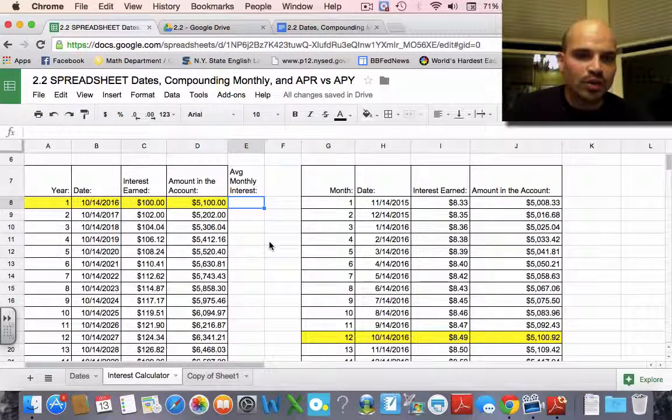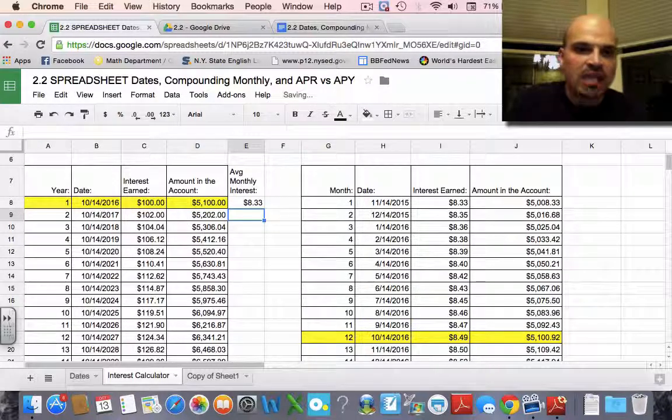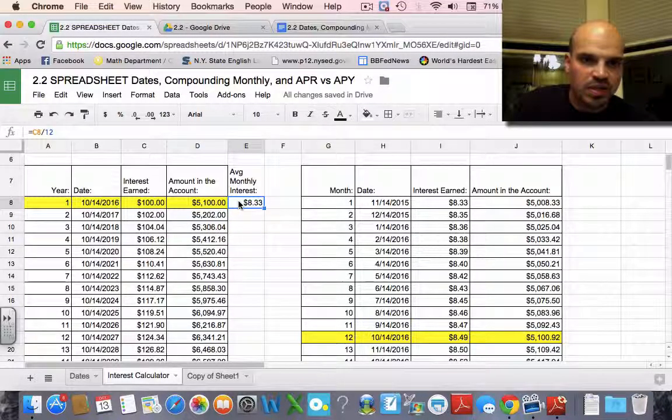So average monthly, if I looked at what I have here for my first year, I made $100, okay? I made $100 over 12 months. So if I wanted to calculate my average monthly interest, I could take my $100 and divide by the 12 months, and my average monthly interest on this first year would have been $8.33.